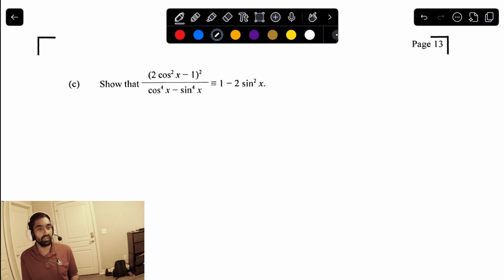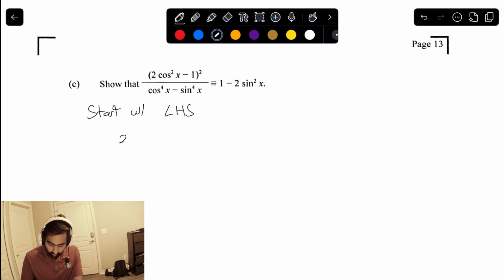If I start with 1 minus 2 sine squared x, what can I do then? Seems a bit difficult, but the left-hand side, because it's complicated, there are so many things I can try. So let's start with the left-hand side. That's (2 cos squared x minus 1) squared all over cos 4x minus sine 4x.